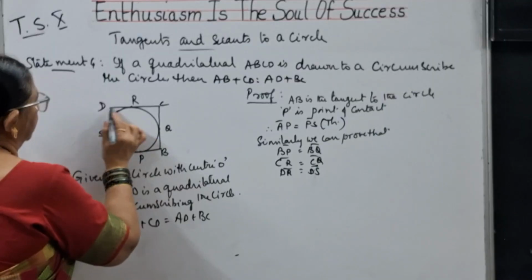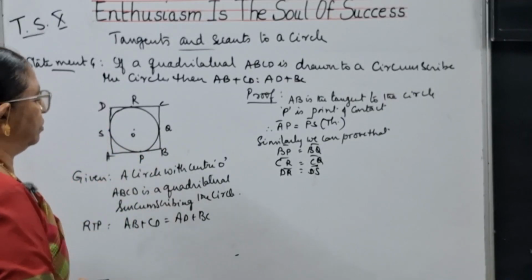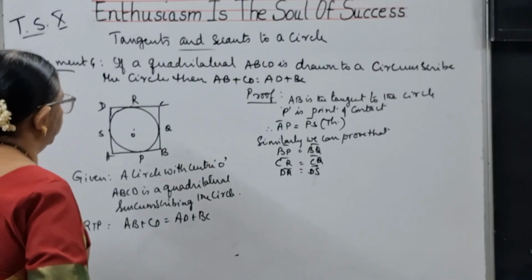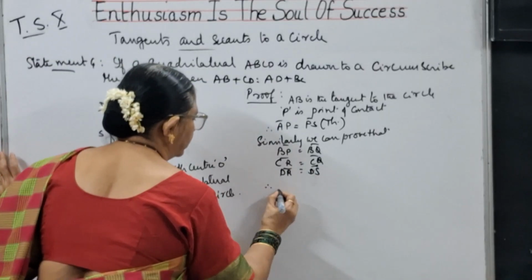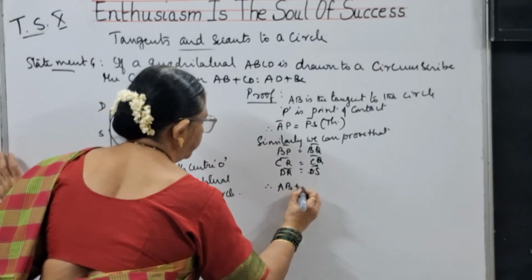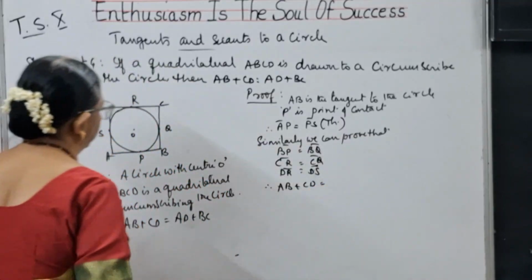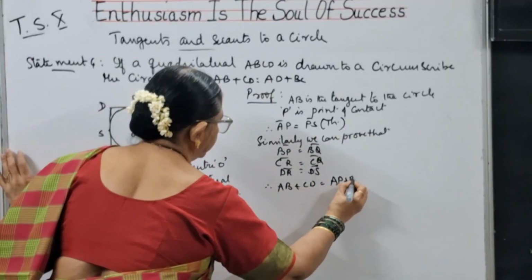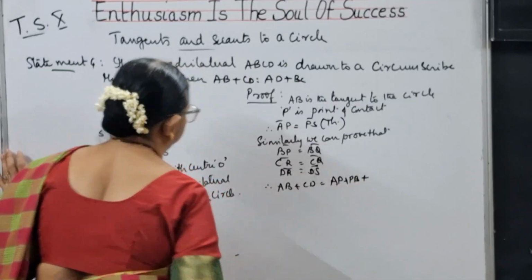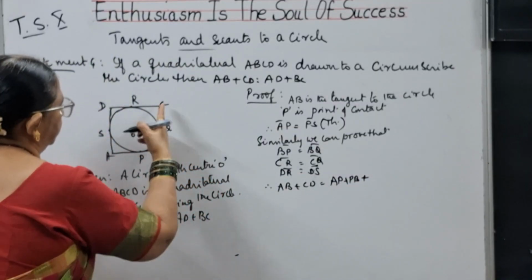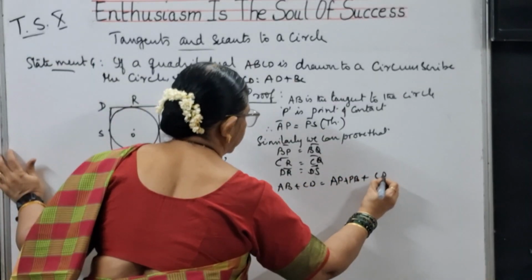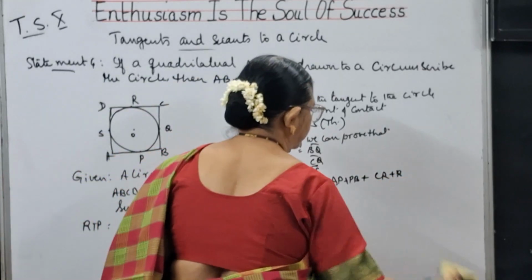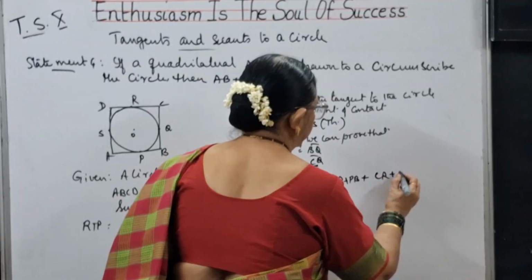You can prove it the same way because they are all tangents drawn. Therefore, what is AB plus CD, children? AB plus CD is equal to AP plus PB plus CR plus DR.